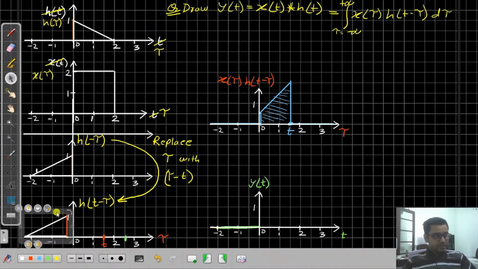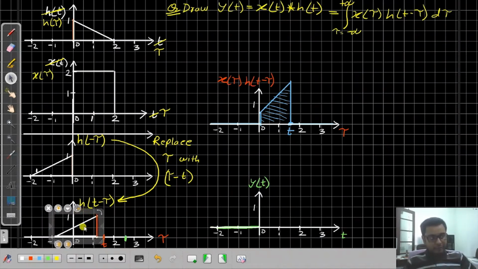After that, as time increases, this signal is to be moved towards the right, and then it will have some overlap with x(tau), and when you take the product it will be non-zero in this region and you will get some area under the product. So output y will be non-zero, and as time t increases, you have to move this signal towards the right more and more.